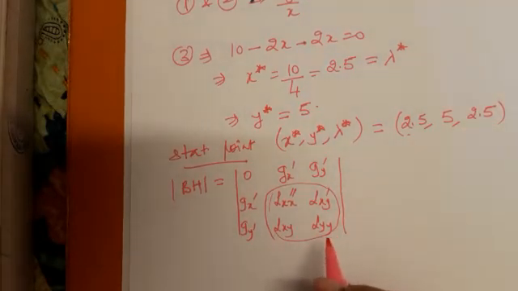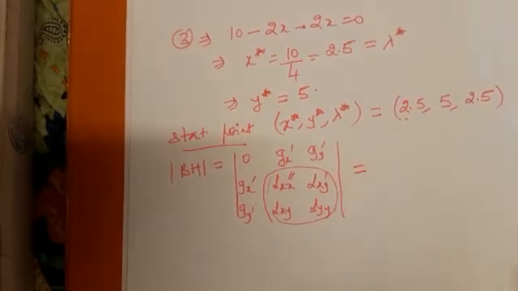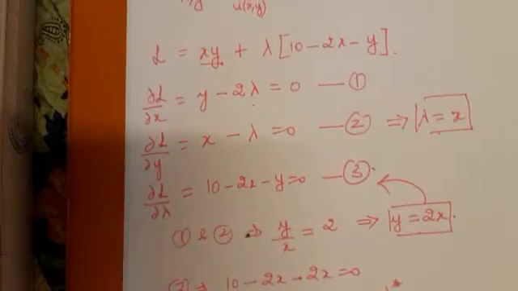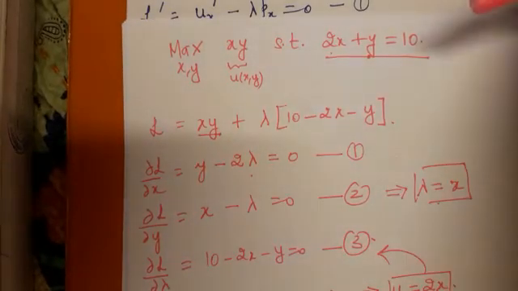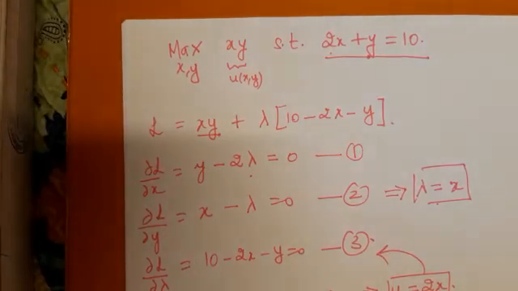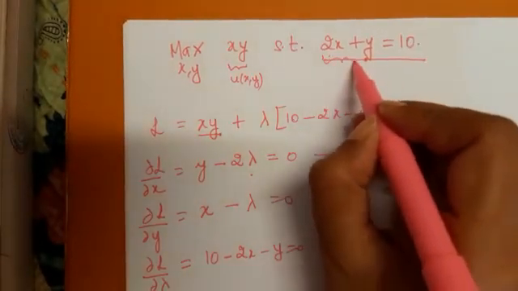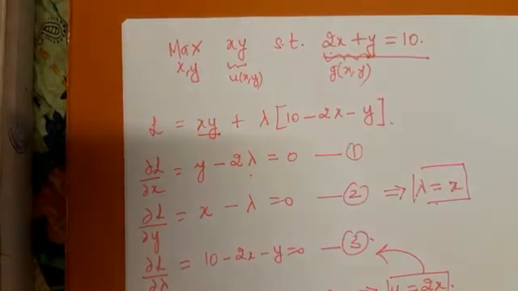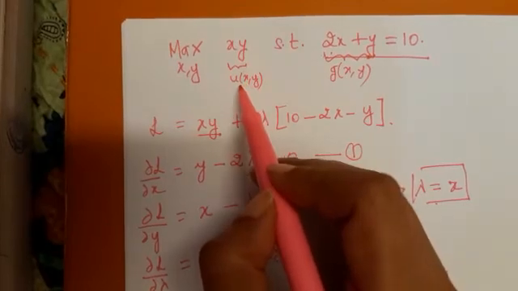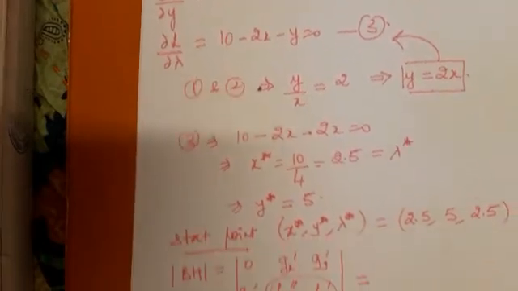Okay, now what is our bordered Hessian? If you go back to the problem, this was our original problem. In this problem, 2x plus y represents my function g of x comma y, right? And xy represents my function u of x comma y, or the original function f.